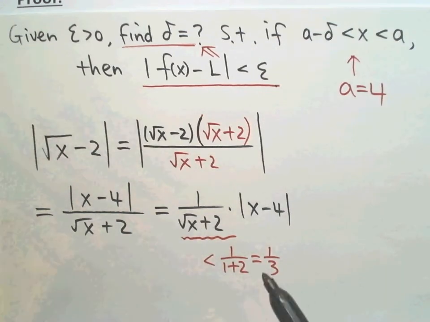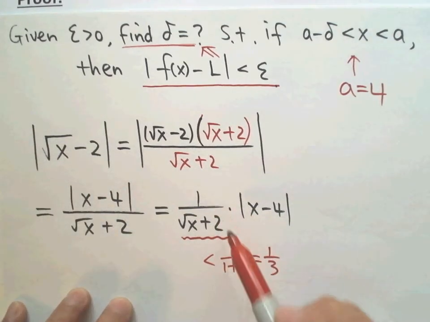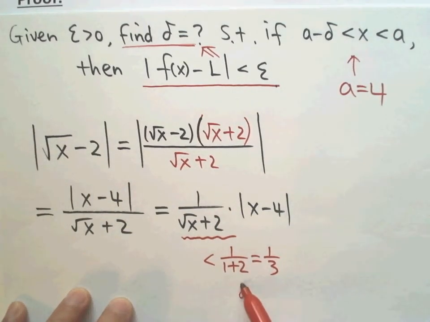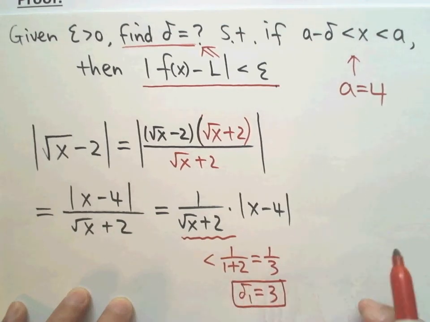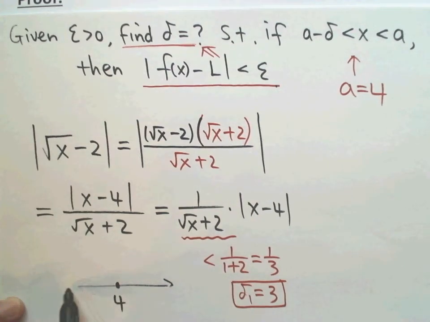Of course, how to make this? This is delta 1. So this time we have delta 1 equals 3. What does this mean? Let me write it down. Here is 4.